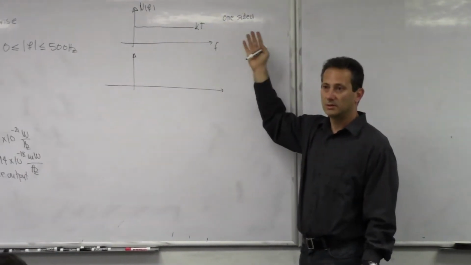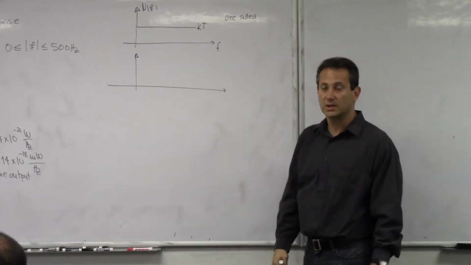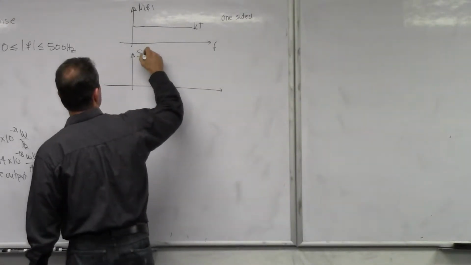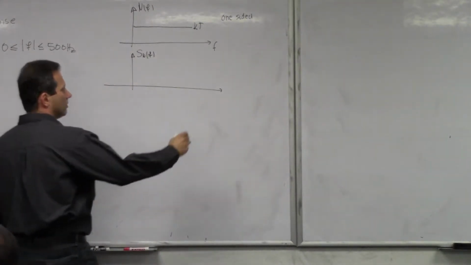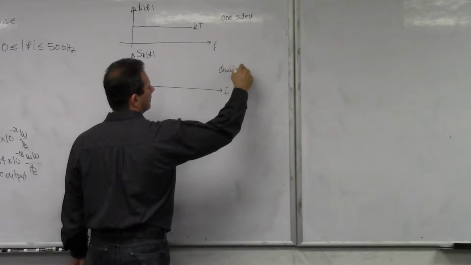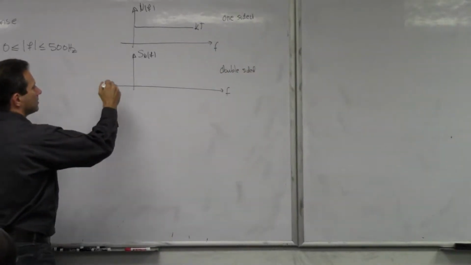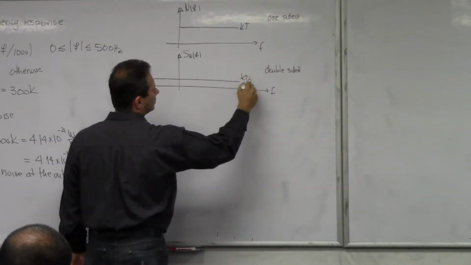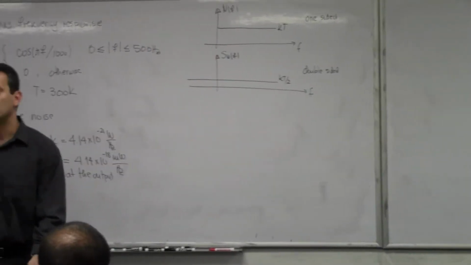The power spectral density of the noise is defined only for positive frequency. A mathematical model that comes in handy in all of our examples and studies is called double-sided. The double-sided power spectral density of the noise is kT over 2, but now it exists for positive and negative frequencies.